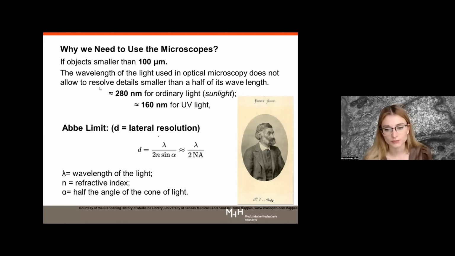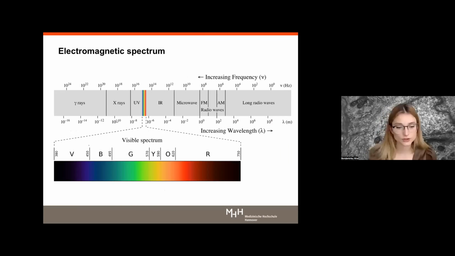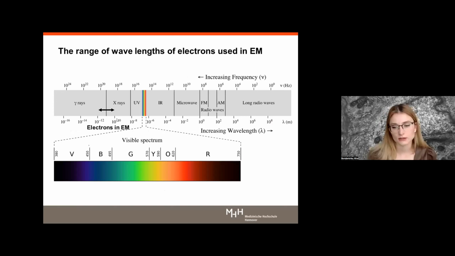This limitation was described by Ernst Abbe in the last century, and for this reason we should use a spectrum of electrons, whose wavelength is much smaller than the visible spectrum.